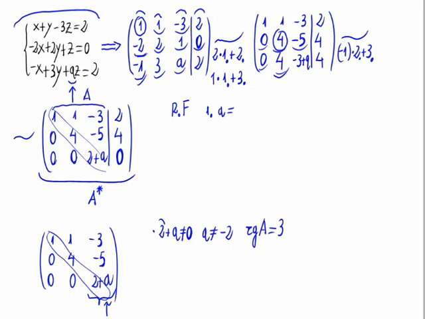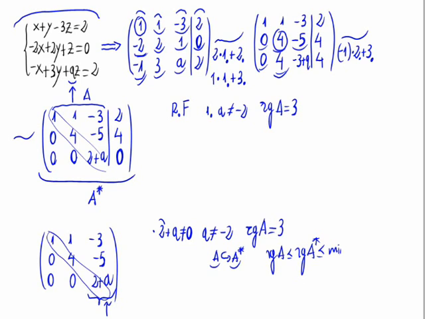That is perfect. Let's write it up here so we don't forget it. That is, the rank of A is equal to 3, and therefore the rank of A star would be again the same, because A is a submatrix of the matrix A star.